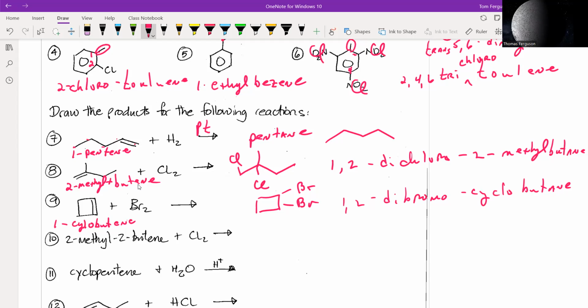Okay, and we're going to add. So this guy here is 2 methyl 2 butene. So 1, 2, 3, 4, 2 butene and 2 methyl. Chlorine goes across there.